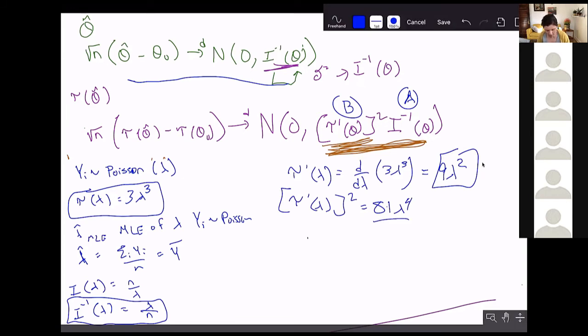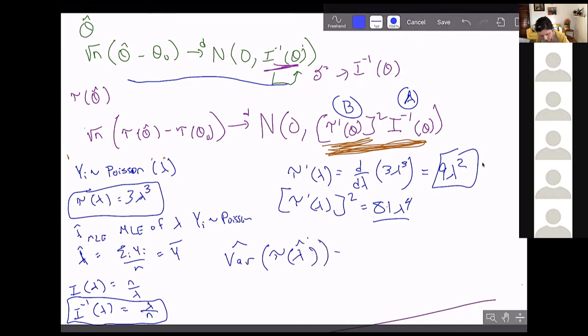So now we have everything we need. And so the estimated variance of our transformation of the MLE comes from putting those pieces together.